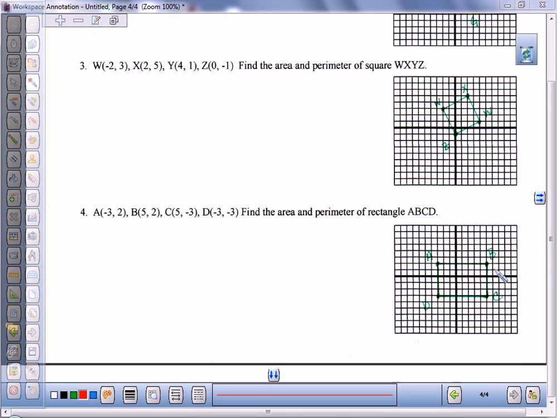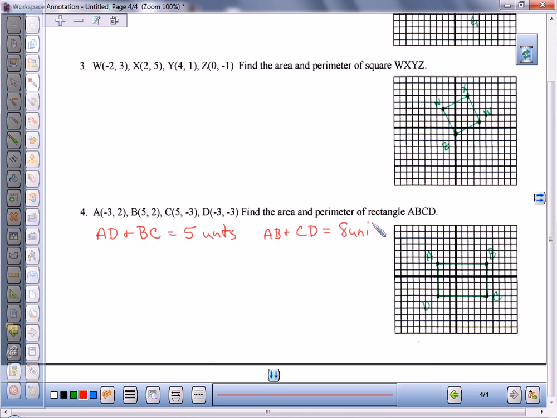These are horizontal and vertical lines, so we can count the length of AD and BC. AD and BC are both 5 units, and AB and CD are both 8 units. And that's all I need for this one.